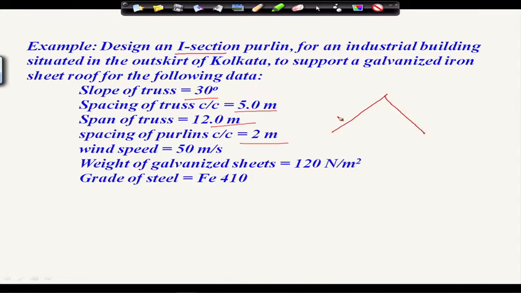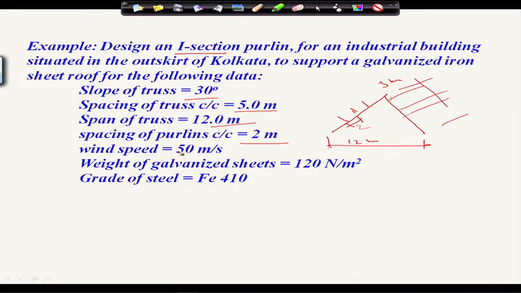we are using purlins in some places. This will be 2 meter, and the span of the truss is 12 meter. In this direction, the purlins have a length of 5 meter.